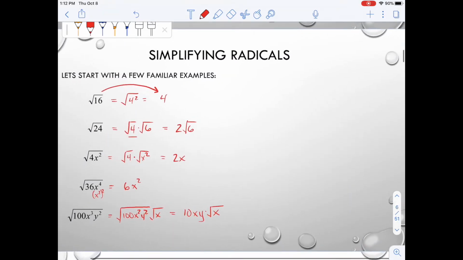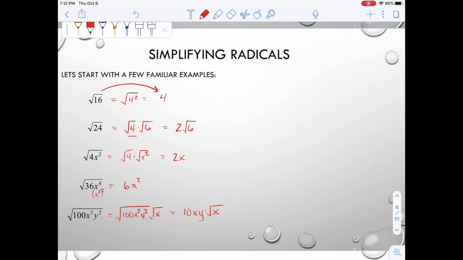Actually, let me come back. Let me show you that other way right away. If I had something like the square root, and let's just keep it simple here, let's say I have x to the 13th. Again, I mentioned before, if there's not an index written here, it's assumed to be 2. But let me put a 2 here for right now, just as a placeholder. The long way of doing this, I need to break this up into essentially multiples of 2.